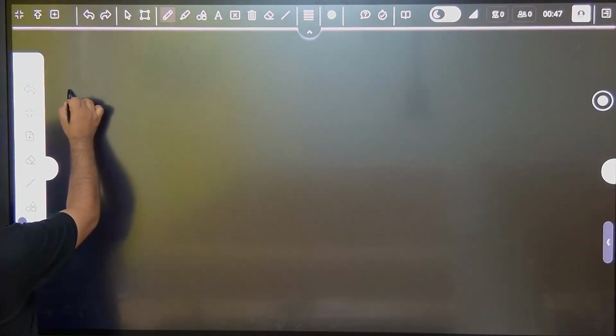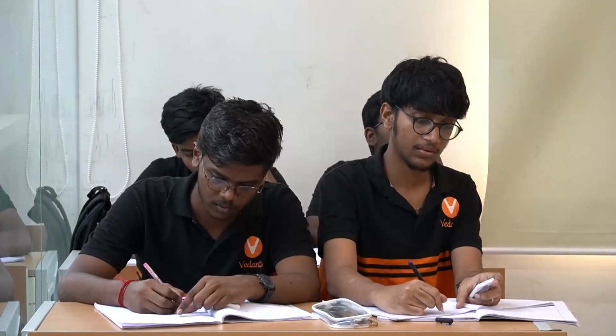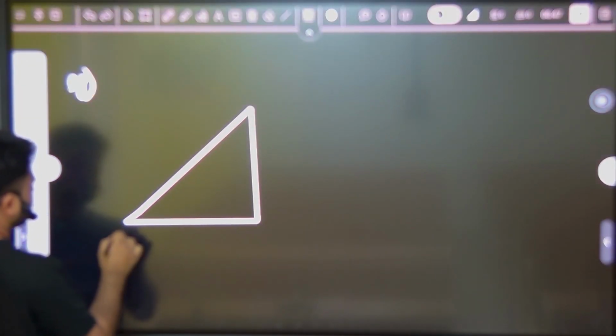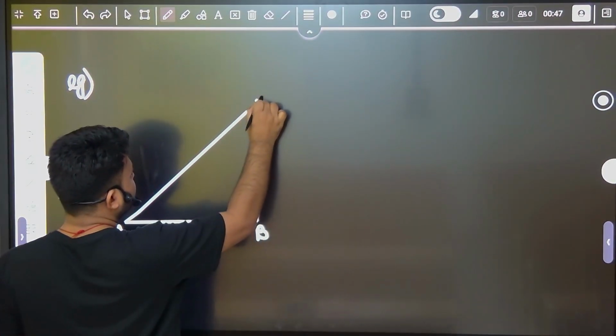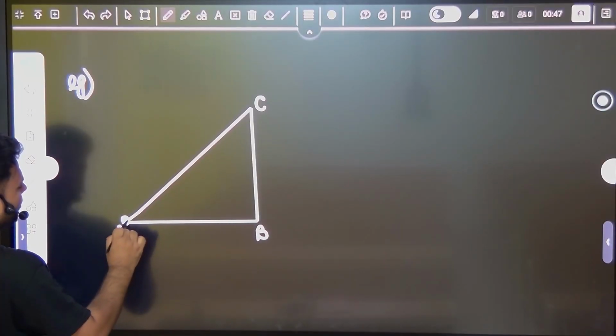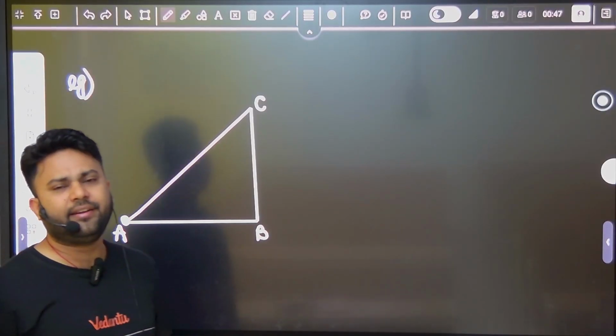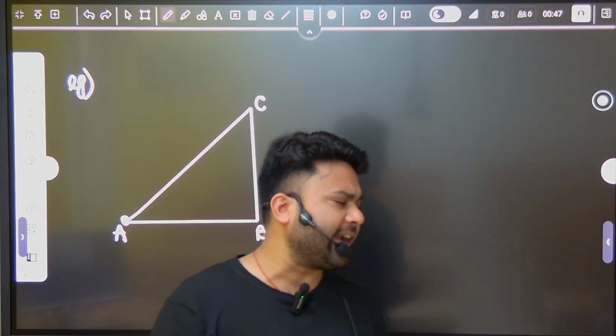Let's form one question. They can give like this. Okay. So this is A, this is B, this is C. So they are saying that there is a ball and any conservative force, not gravity, any conservative force acts on the ball.